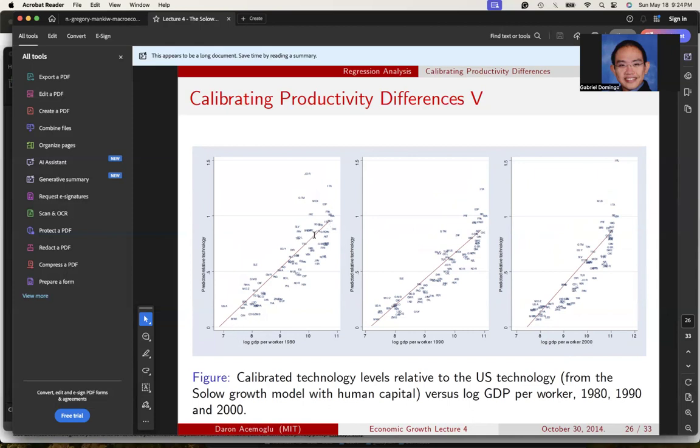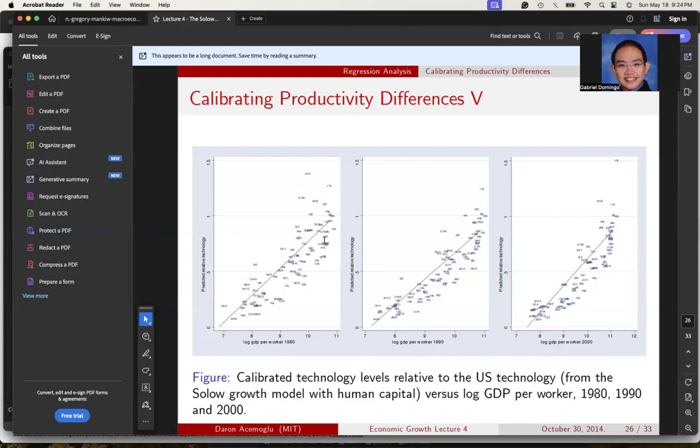So that's why this is a positive slope here, right? So this just tells you that a higher GDP per worker is correlated with a higher predicted level of relative technology that will allow you to more precisely match the relative GDP per country.